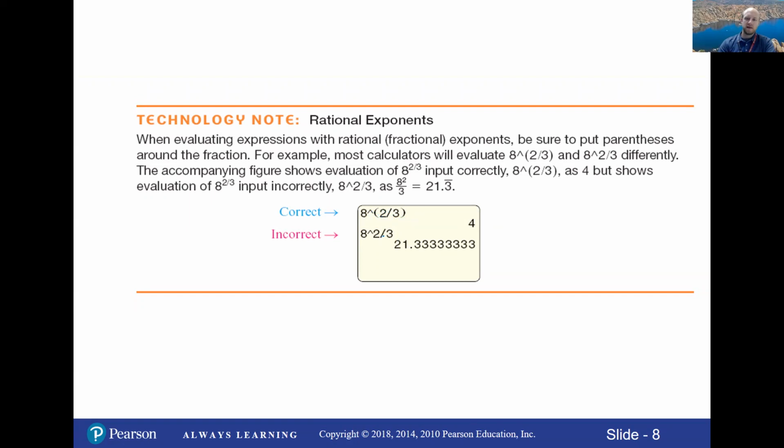If you don't put the parentheses around the 2/3, basically what it's doing is taking 8 raised to the 2nd, which is 64, and then dividing it by 3, okay? So this is the correct way. Use parentheses when all else fails. I just always use parentheses for this kind of stuff because it eliminates the possibility that the calculator is going to read it some other way that you don't want it to read.